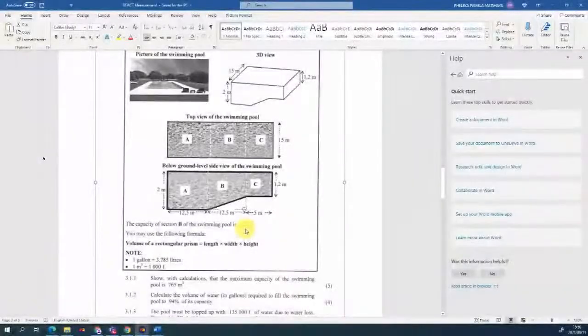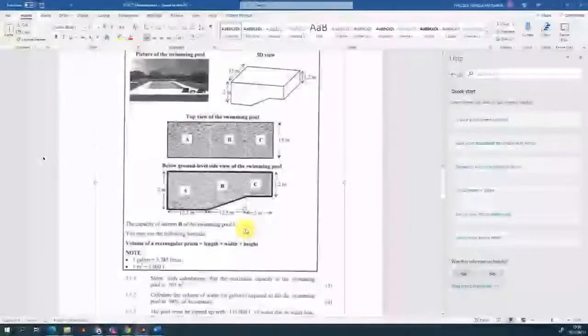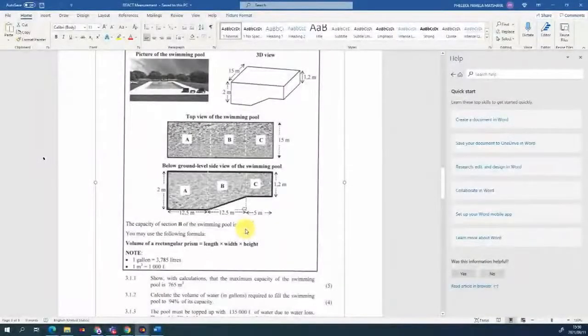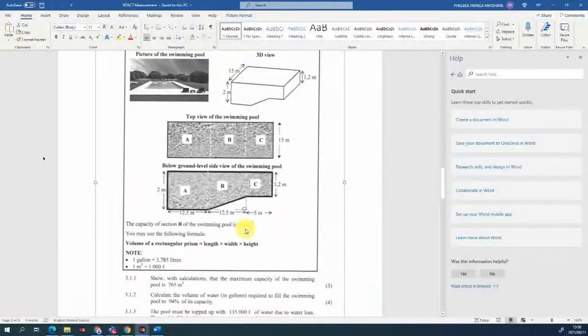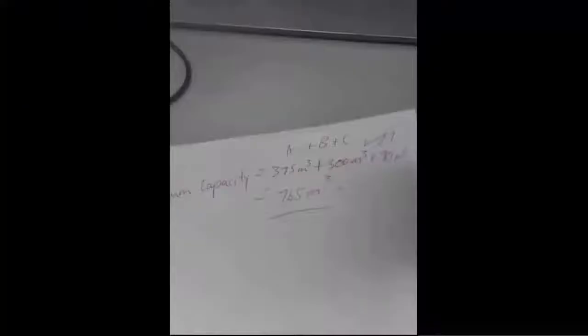And you have to prove that that's the answer. And just for that, you get a method mark for adding. Right? And there's your answer. Can you see how easy you get marks?